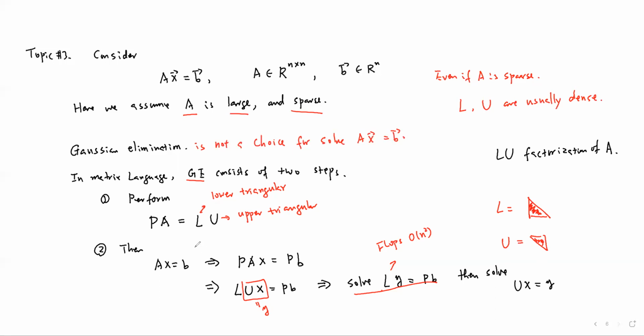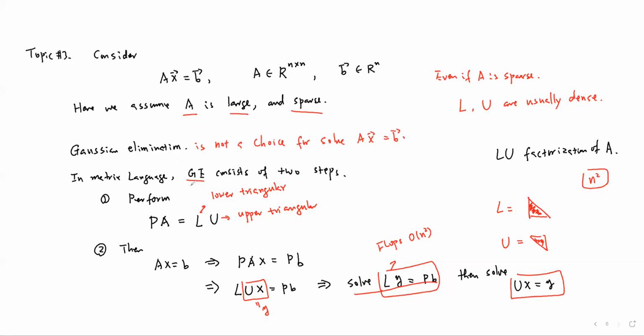But we have to keep L and U in order to solve this linear system and this linear system, right? To keep L and U, the computer needs to be able to store n squared non-zero numbers, because when L is full and U is full or dense, together we have n squared non-zero entries.